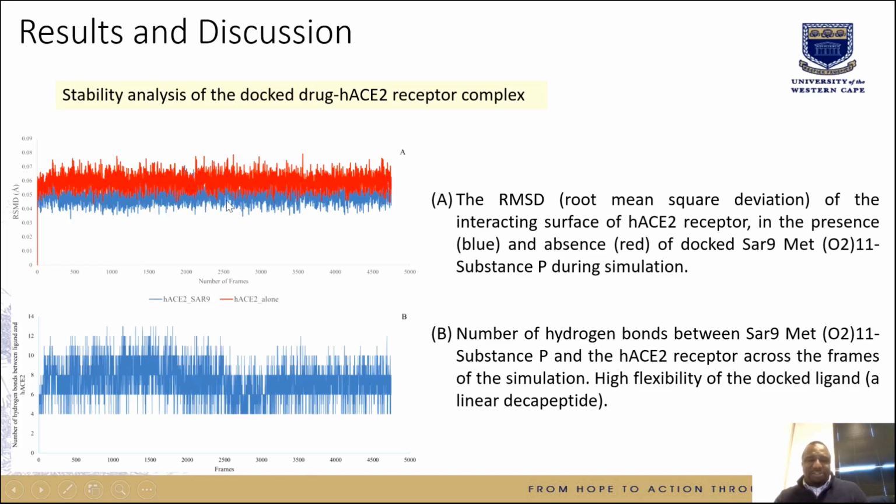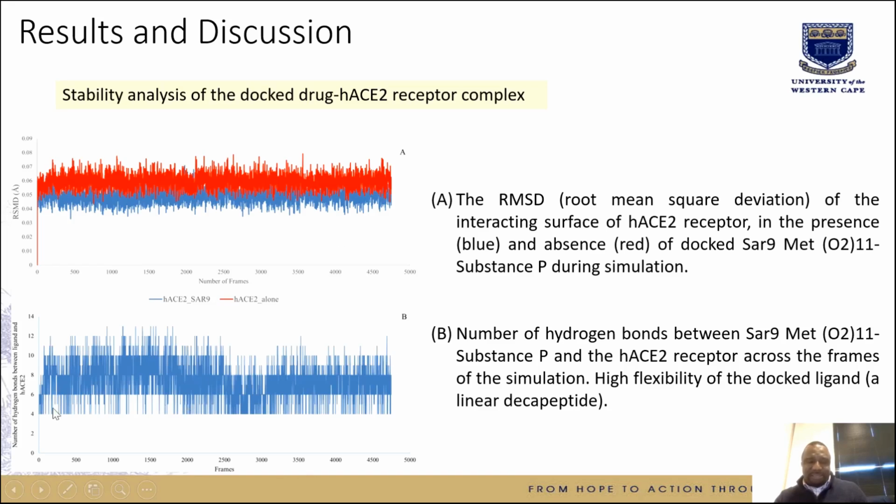That the complex of the drug and HACE2 has slightly lower RMSD compared to the HACE2 alone, suggesting that the complex is slightly more stable than the enzyme alone.